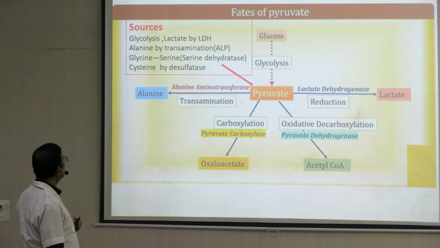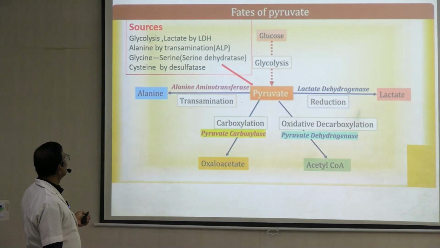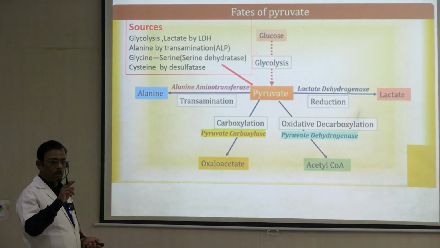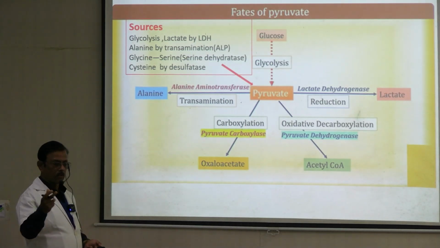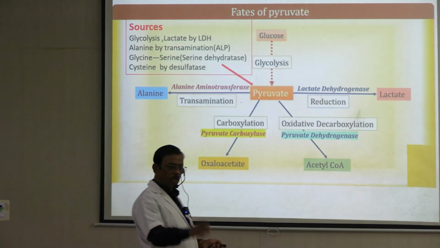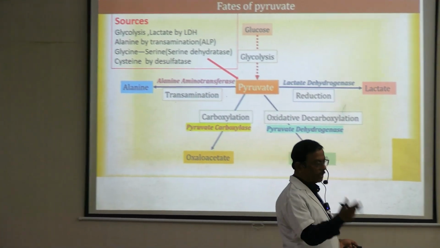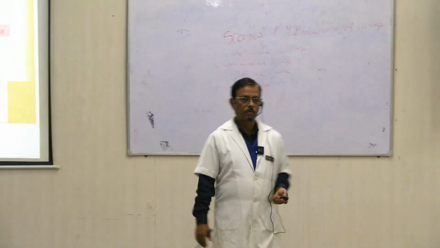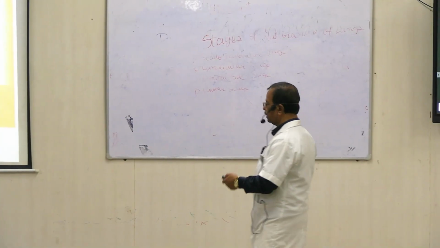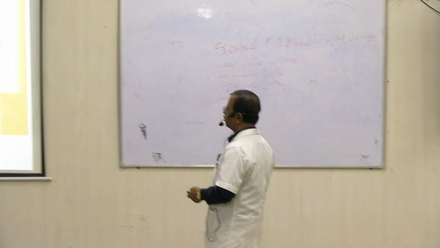Source of pyruvate: from glycolysis, and from lactate. Pyruvate is converted to lactate in anaerobic glycolysis. It is a reversible reaction. From lactate, pyruvate can again be synthesized by lactate dehydrogenase itself. So that is another source of pyruvate.